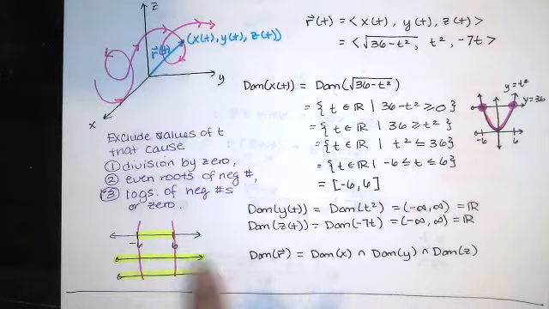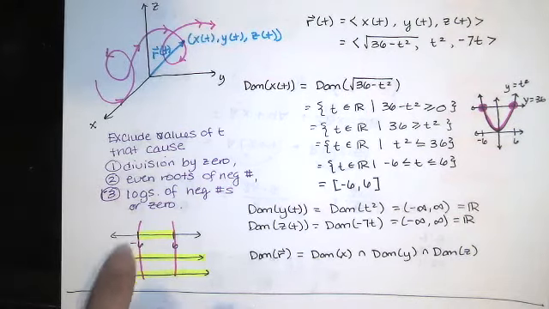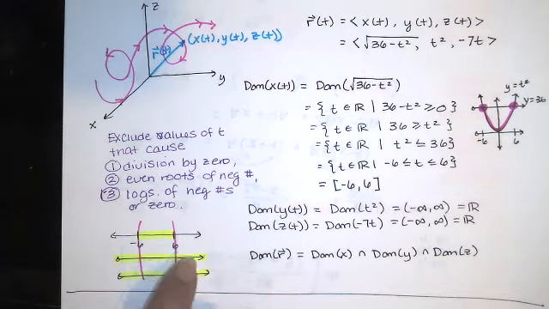And again, that just means I'm looking for the set of t values that is in this set and this set and this set. Well, those t values are fine in these two sets, but they're not in this one. But once I get between -6 and 6, all of those are in all three sets. But once I go past 6, I'm in trouble again. The t values are in the domain for y of t and z of t, but they're not in the domain for x of t.